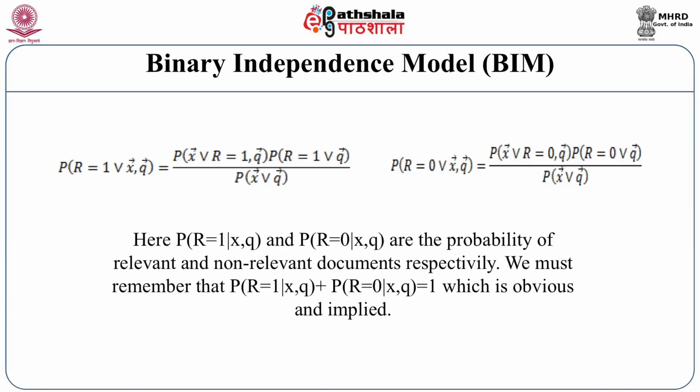Now here the probability of R equal to 1 given x and q and the probability of R equal to 0 given x and q are the probability of relevant and non-relevant documents respectively. So we must remember that if we sum these two terms, the result will be 1 only. So that is obvious and implied from the probability theory.